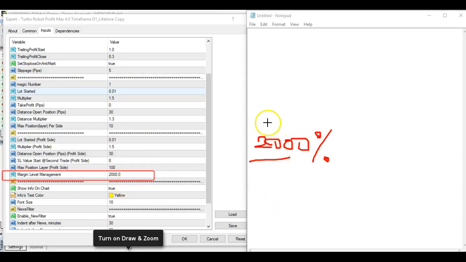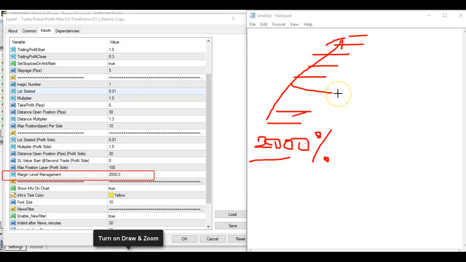Let's say now you are opening a few layers. Up to how many layers is up to you. This is mainly for losing trades, because your profit is already closed and you already gained that. So we are talking about the losing trades, where the margin level management looks at how much margin is left over on your account.